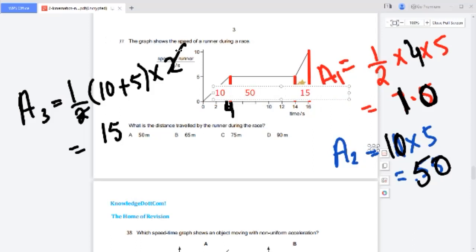So total area is 15 plus 50 is 65, 65 plus 10 is 75. So total area is 75, and the correct option is this one.